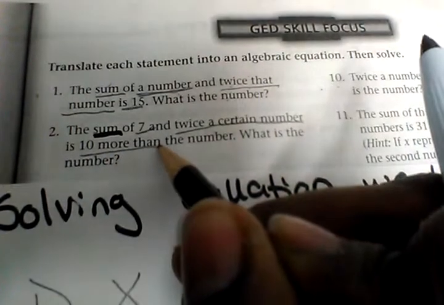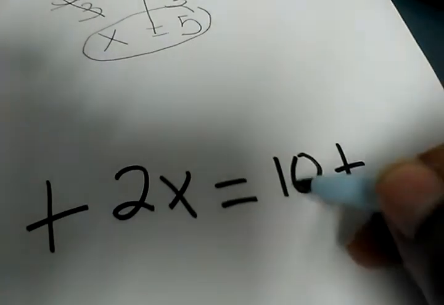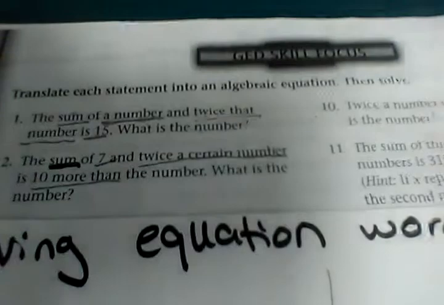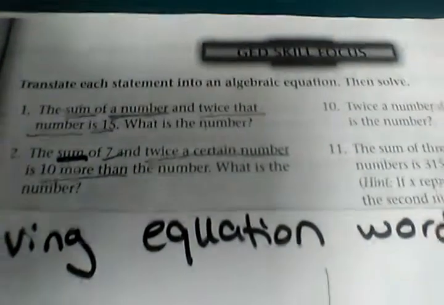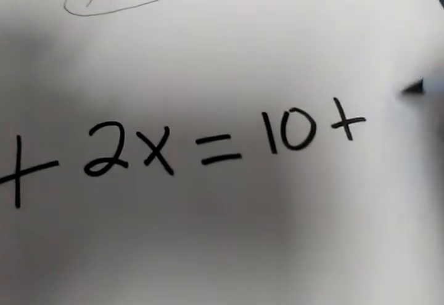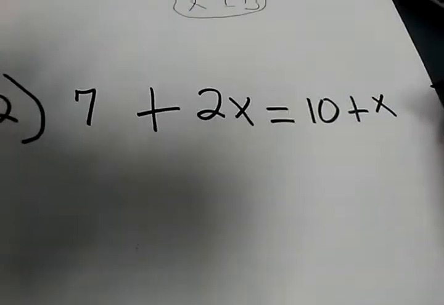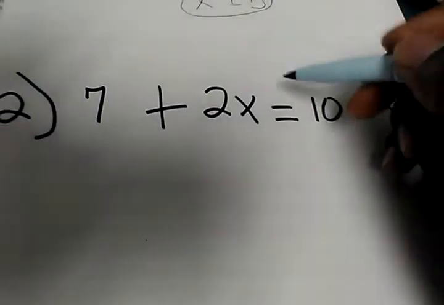So just that part, 10 more than. That would mean 10 plus. 10 more than, and then the last part of it says the number. And we already know we don't know what the number means, so the number must be x. So the equation is 7 plus 2x equals 10 plus x.